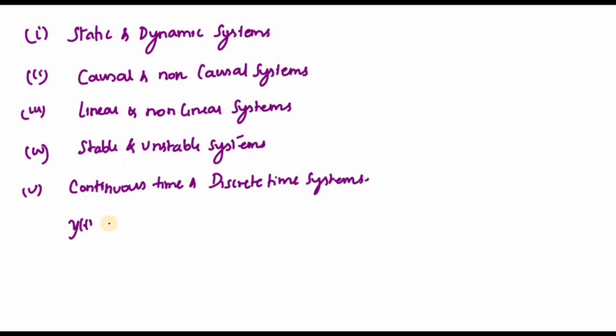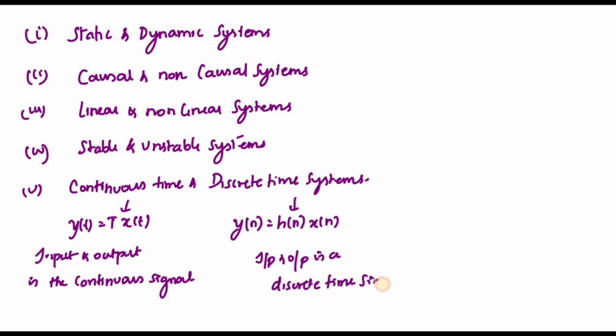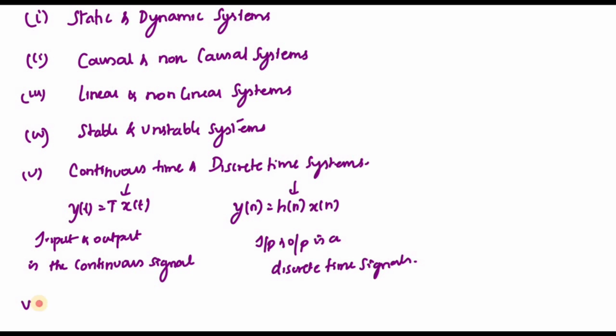Here y of t is equal to t into x of t, so I represent h of t as capital T. Likewise, you can term the discrete time systems. Here the input and output are both continuous. For a discrete time system, input and output are discrete time signals.